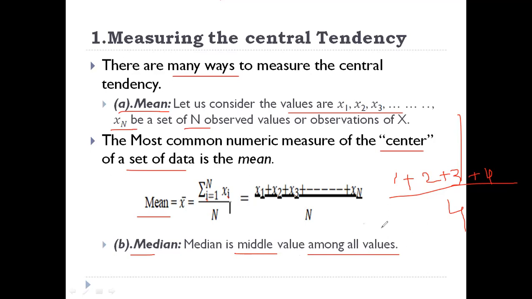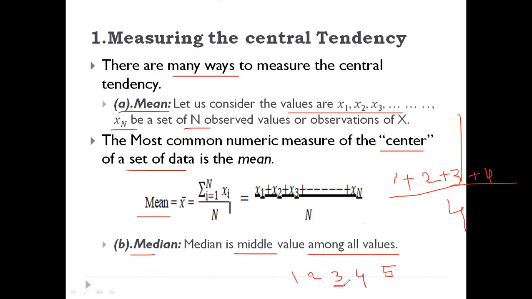If you consider the values 1, 2, 3, 4, and 5, assume these are the given values. Among these values, which one is the middle value? Obviously, it is 3, right? So 3 is the median.